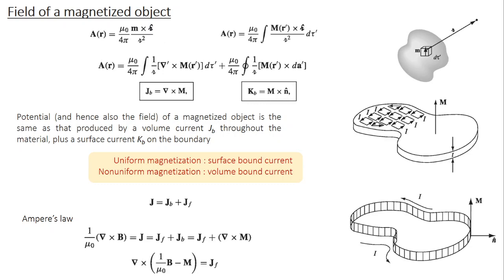Now if you want to calculate the total field or total potential due to magnetic dipoles of the entire material, you take a volume element and do an integration.